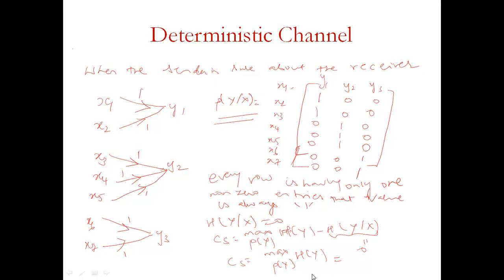The entropy is maximum when all the probabilities are equally likely, and the value of entropy is log base 2 of capital M, where M is the number of outputs. In our example we have 3 outputs, so the channel capacity is log base 2 of 3. Depending upon the structure of the channel representation, the capital M may change. In our example capital M is equal to 3.